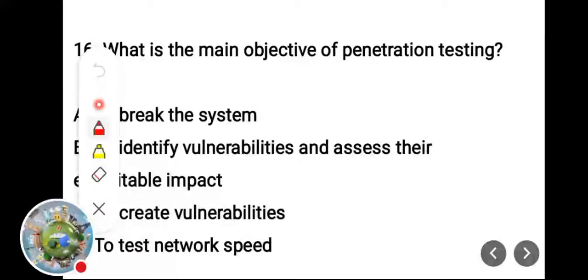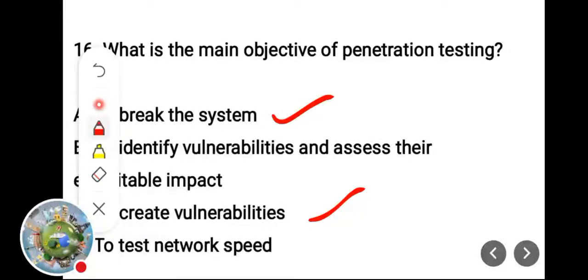By using penetration testing, we can break the system easily, because after identifying vulnerabilities, the hacker will exploit the system, enter it, and break the system privileges. The hacker may create vulnerabilities after entering the system.